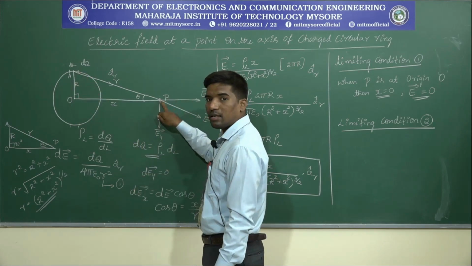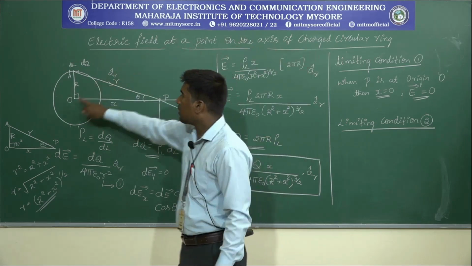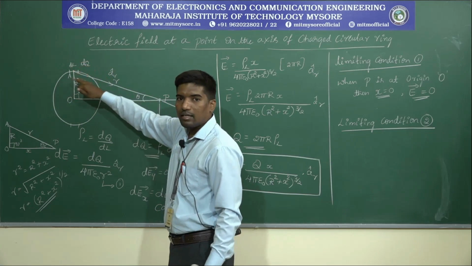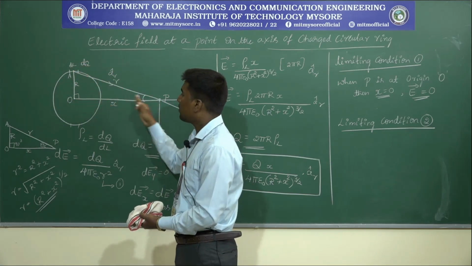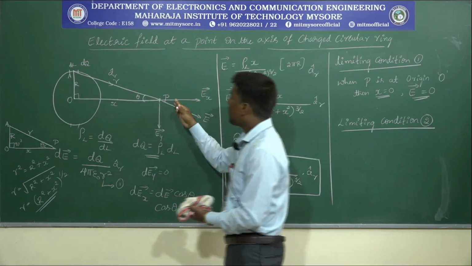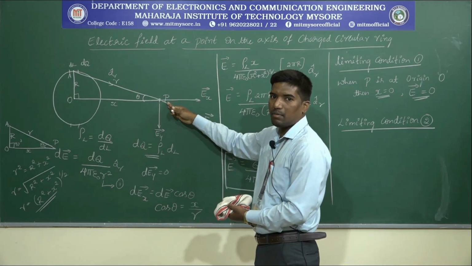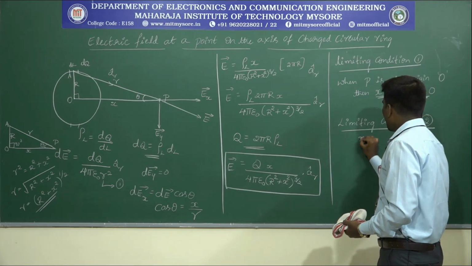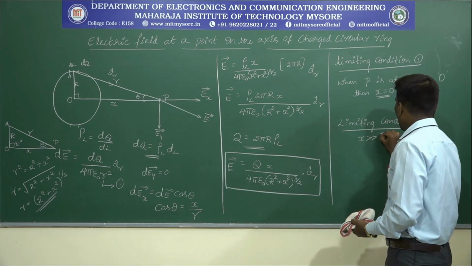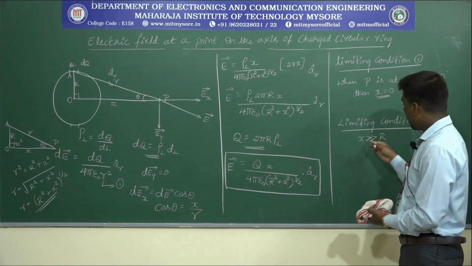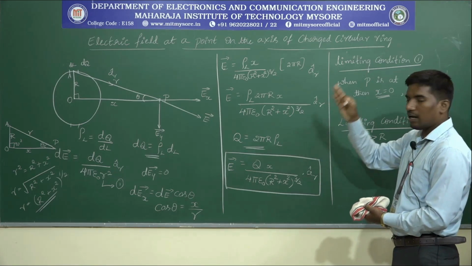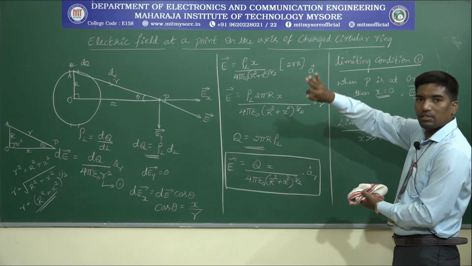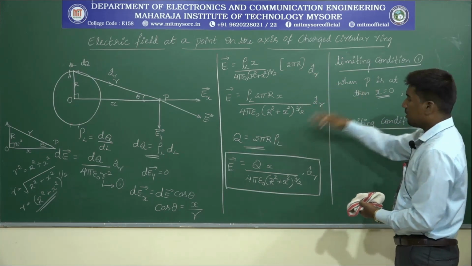When point P is kept at a very large distance from the origin, it means the radius of this particular circular ring is negligible when compared to the distance between the origin and the point at which the field is to be determined. Therefore, that condition is represented as x is very much larger than r. This is the case: when the distance between the origin and point P is very much larger than the radius of this circular ring, then this happens.